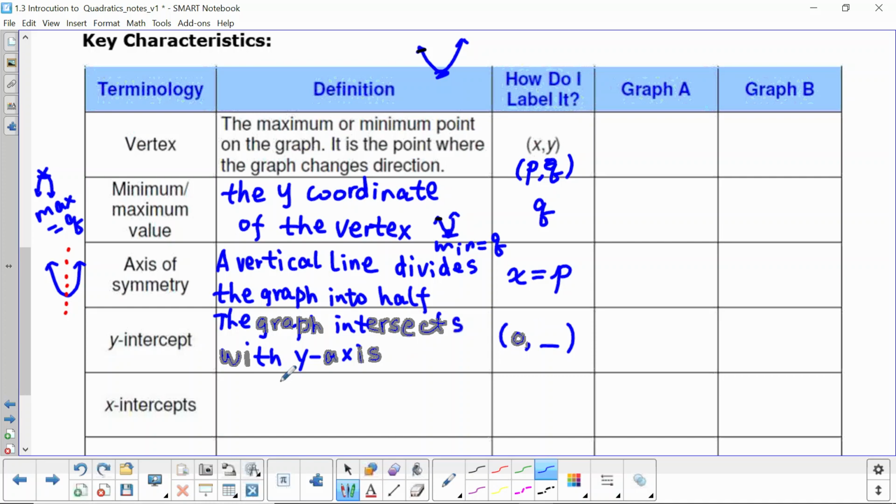That is your y-intercept. And the same thing for the x-intercept: it is where the graph intersects with the x-axis.